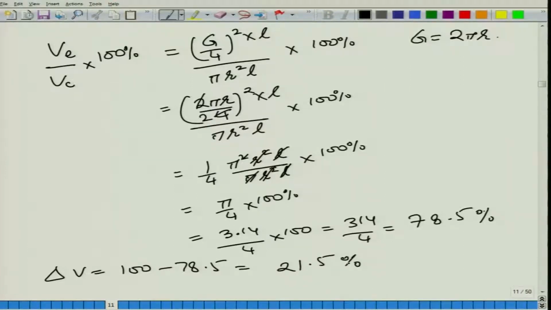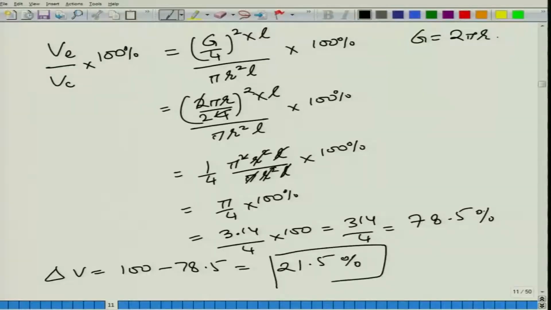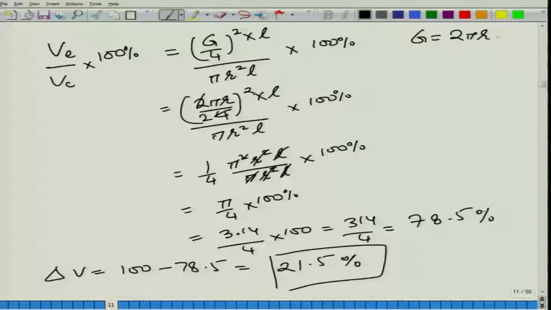That is the difference between the volumes that we are computing using the quarter girth formula and the actual formula. If we have so much of an error of 21.5%, what is the significance of using this quarter girth formula? Let us have a look at that.